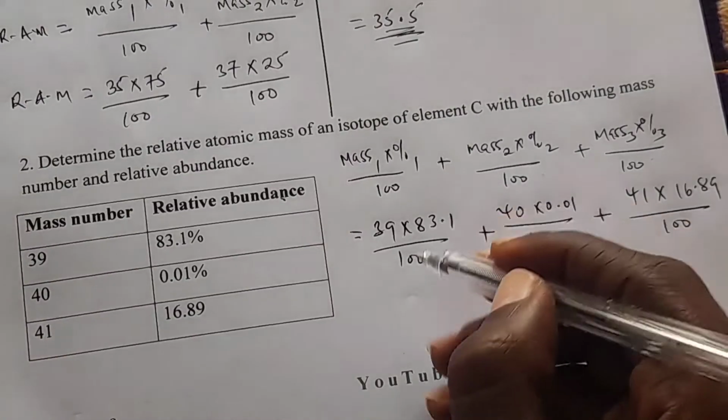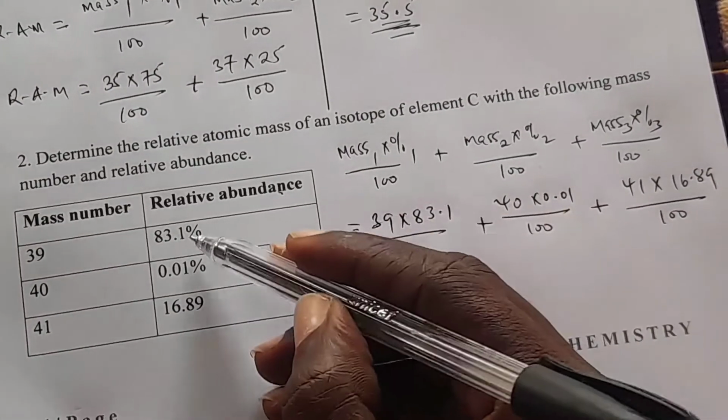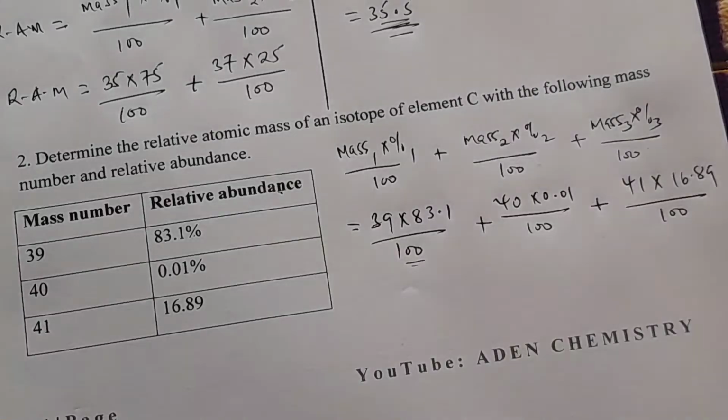Okay, learners, the reason we divide by 100 is that when you add all these percentages, they become 100.